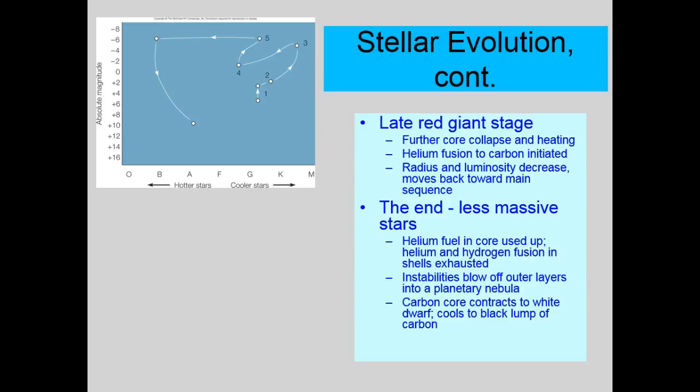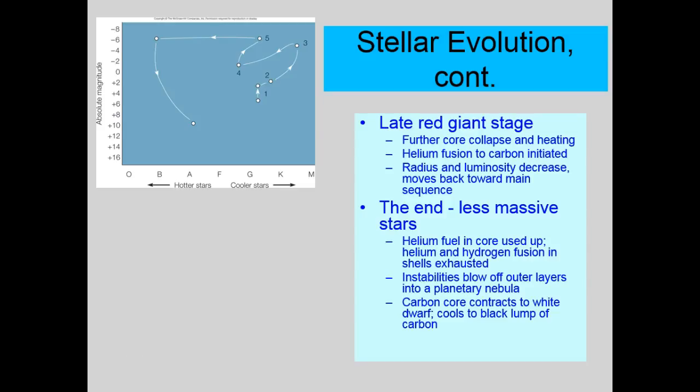Well, as that core collapses and heats, now you might get hot enough for helium to fuse to carbon. And if that happens, and it typically will in most stars, now you get fusion again. So the radius and the luminosity decrease.